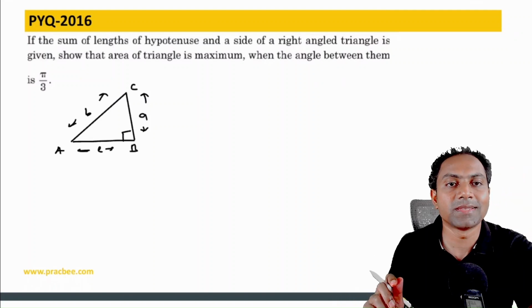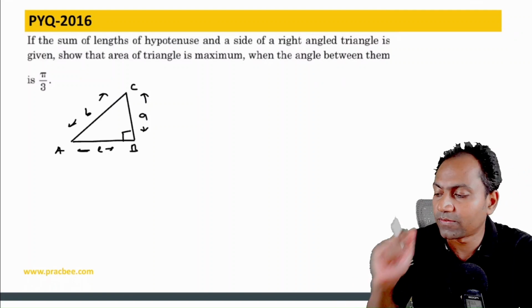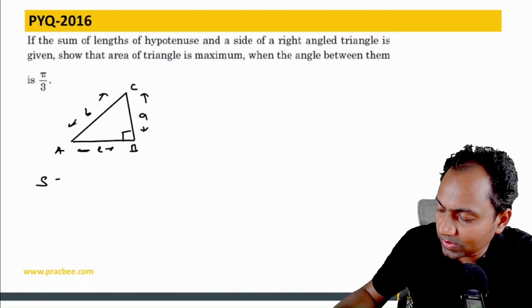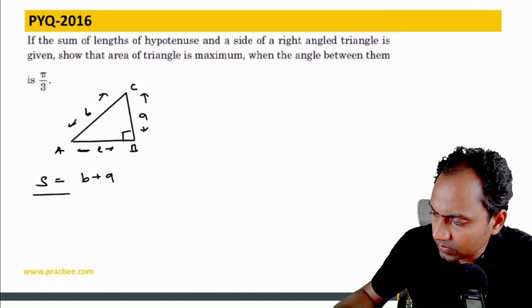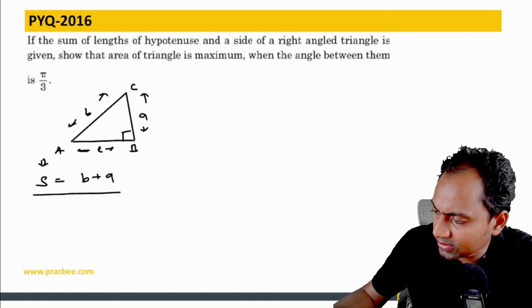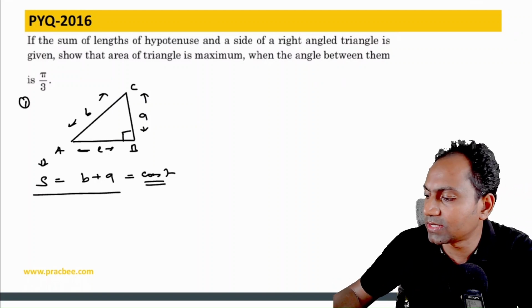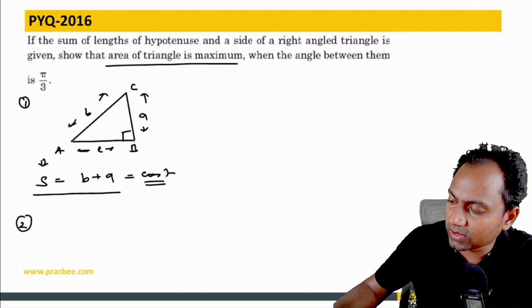So what they're saying is, the sum of lengths of the hypotenuse and a side of a right angle triangle is given as constant. If I assume S as nothing but b plus a, what they're saying is the value of S is constant. This is the first thing that they have given in the question. What they're saying is show that the area of the triangle is maximum. Now what they're asking is the area of the triangle.